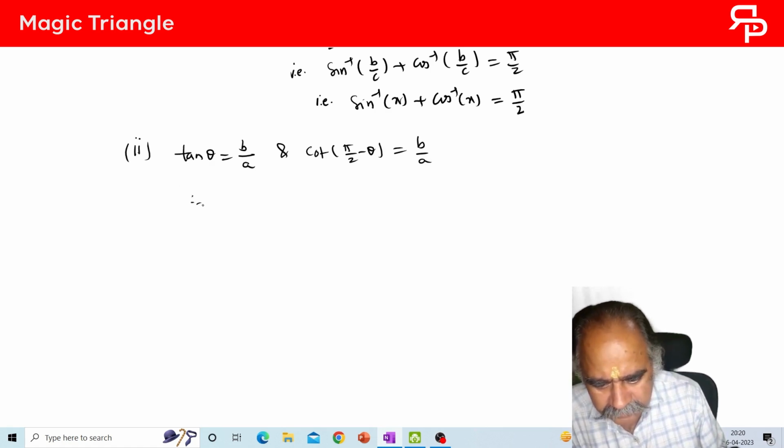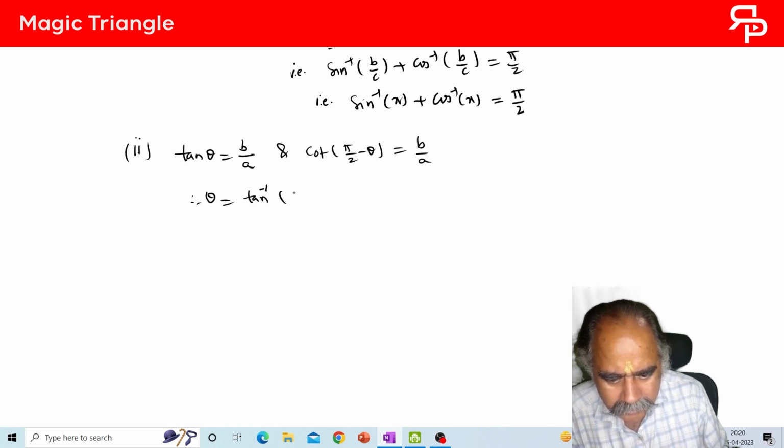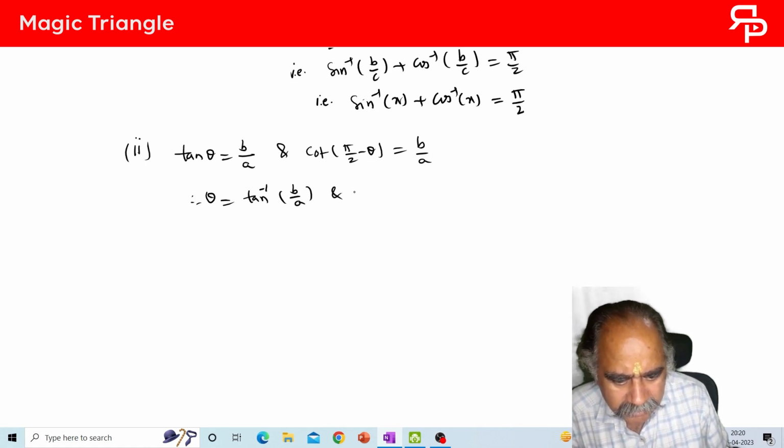Therefore, theta is what? Tan inverse B by A, and from here pi by 2 minus theta is what? Cot inverse B by A. Now I can replace theta.